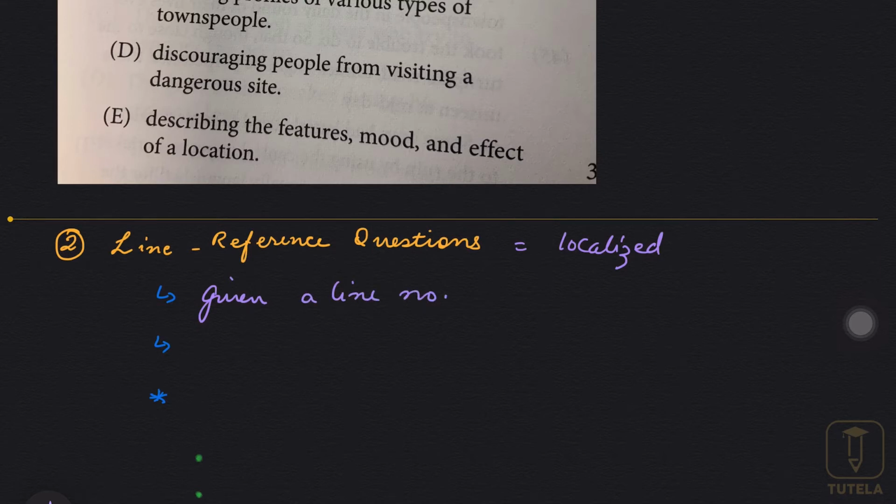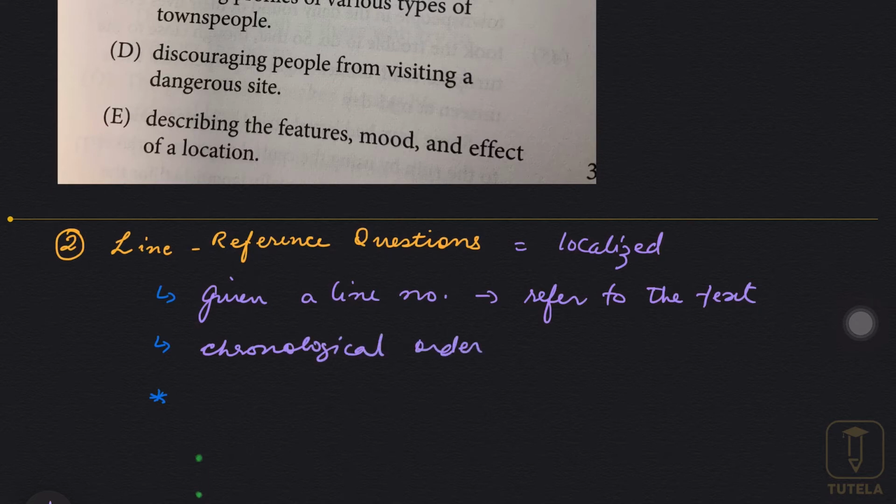Okay, so here you can always use the line number to refer to the text and get the answer out of that. Often it is seen that these questions are placed in the chronological order of the text. Now there are various subtypes here.